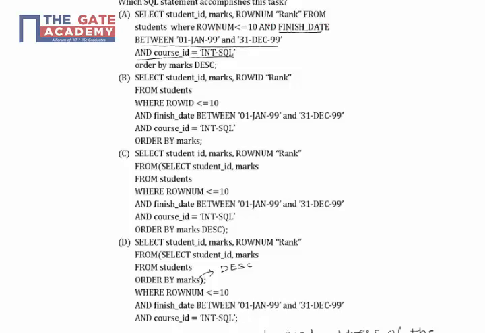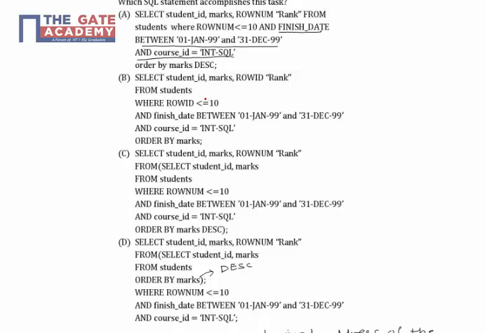Since this query may not examine the whole database before selecting the students with highest marks, this query will not give us the desired result. So option A is wrong.